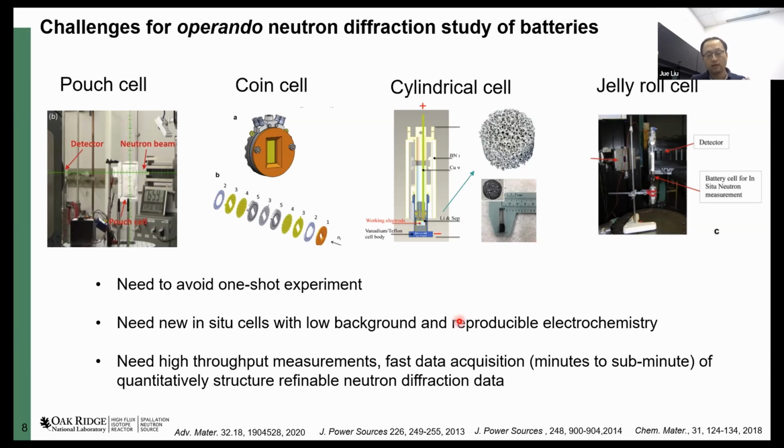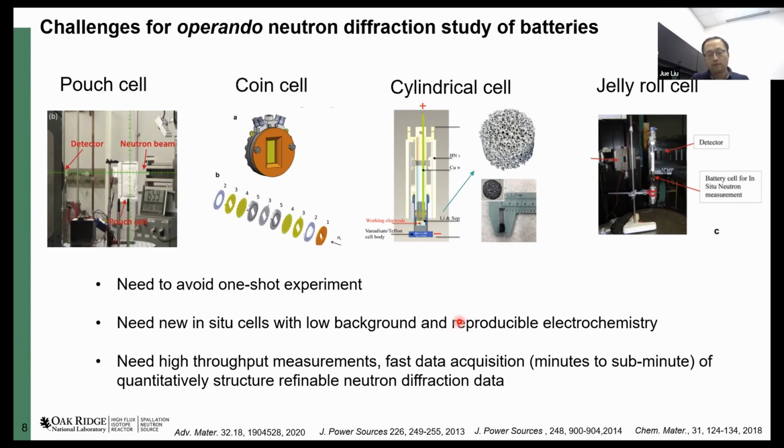We need to have large amounts of sample in the beam because of the relatively lower neutron flux. A lot of times we have to sacrifice between electrochemistry and good neutron diffraction data, which leads to a lot of not so reproducible experimental results.